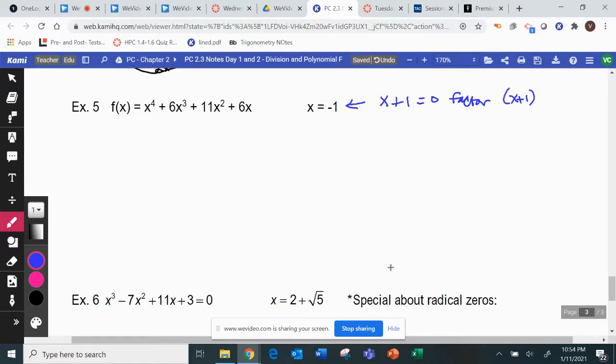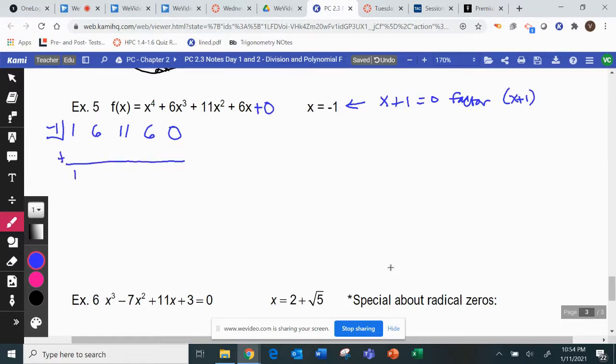Since this is just a single number, I can use synthetic division to take it out. So I'm going to write down my x to the 4th is 1, my x to the 3rd is 6, my x to the 2nd is 11, my x is 6, and then I don't have a constant, so I do need that 0 spot.